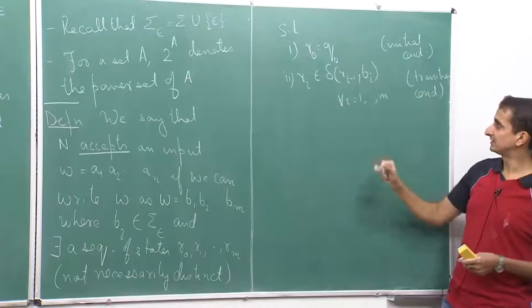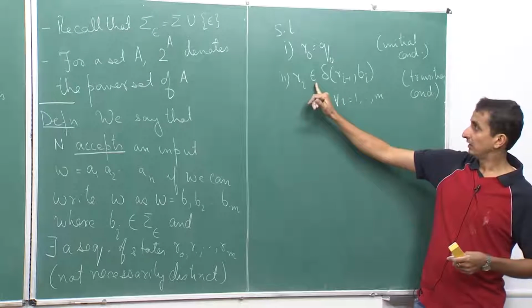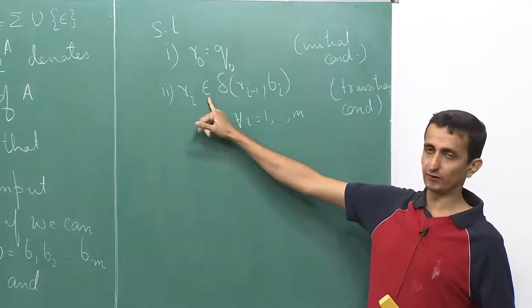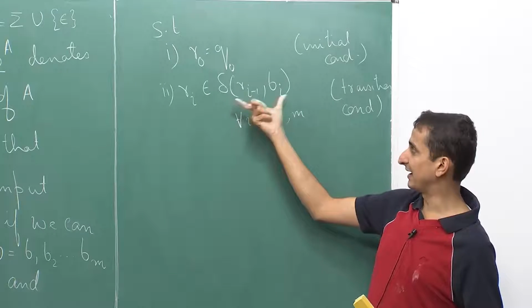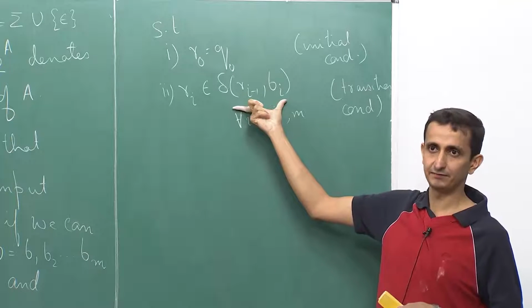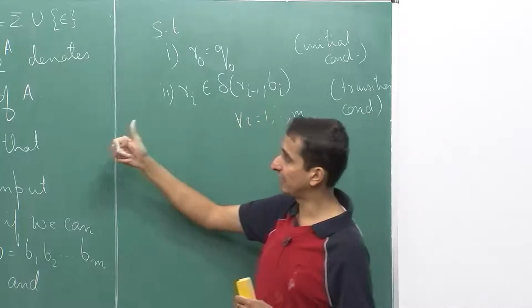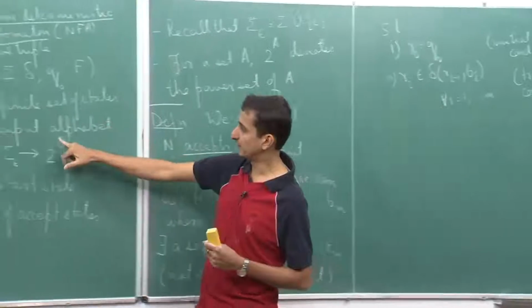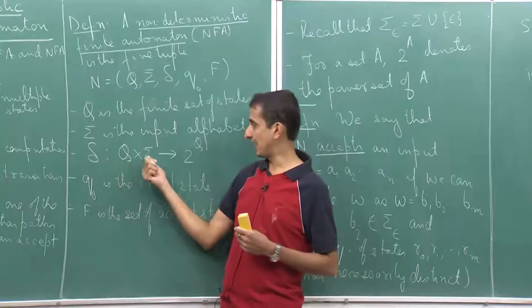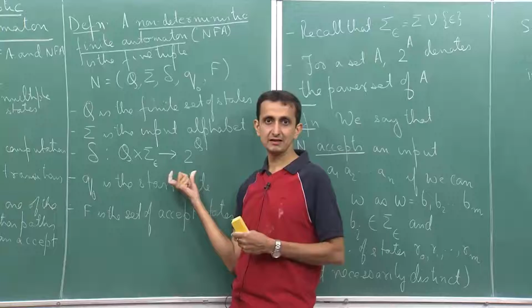The first point is that we have an element-of sign over here, because by definition what we have on the right hand side is a set of states, because in the case of a non-deterministic finite automaton, given a state and a symbol, it produces a set.